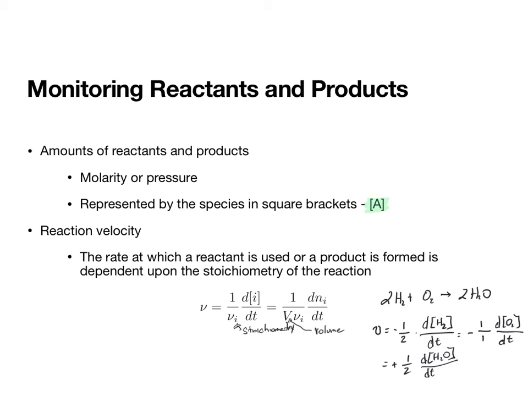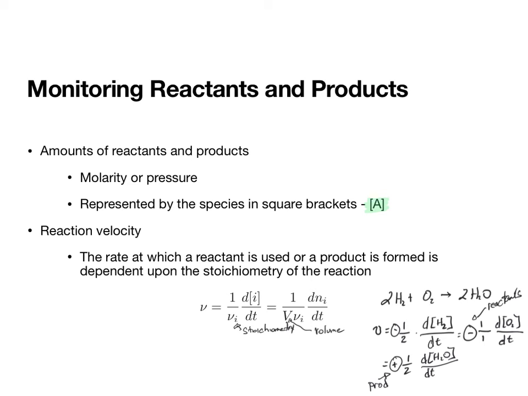Now notice that the water is positive because it is a product, because this is something that we are forming, whereas the reactants are disappearing, they're being used up, and so their rate of change is negative.